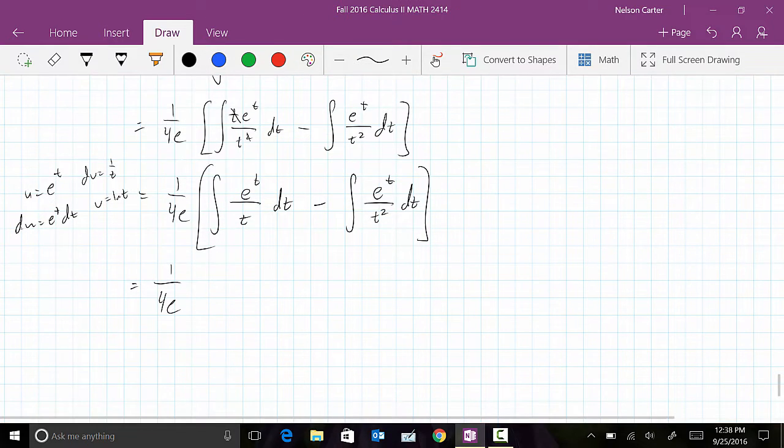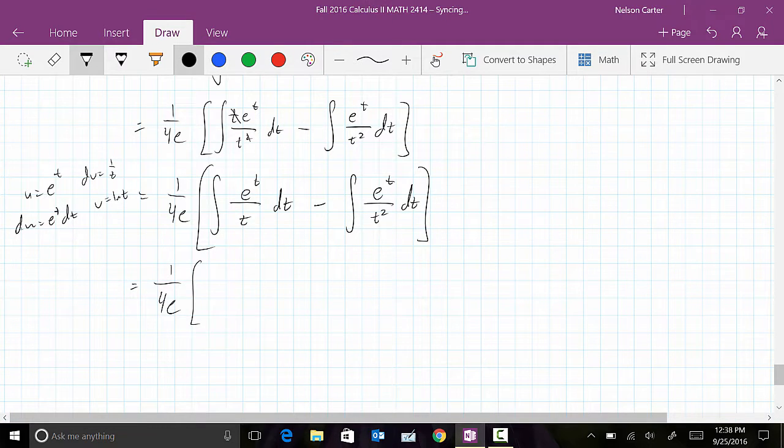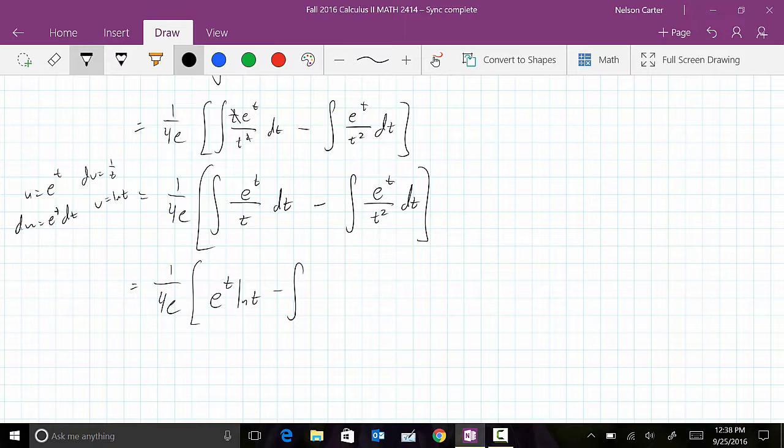Okay. So then for this first one we have u times v, so we have e to the power t times the ln of t, minus the integral of v du, that's the ln of t times e to the power t dt.